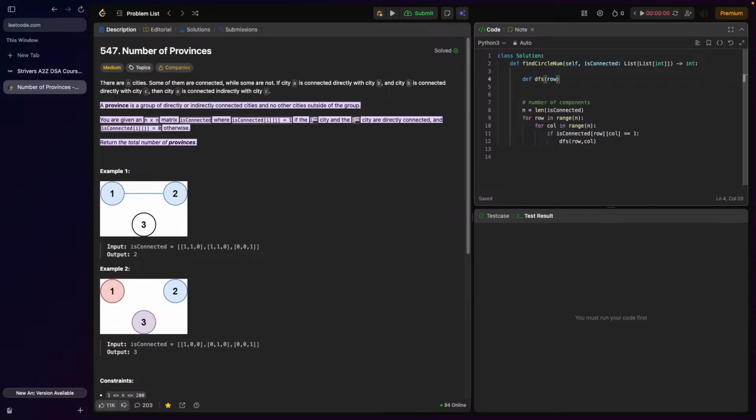So you give your row, you give your column, and then what do you do?